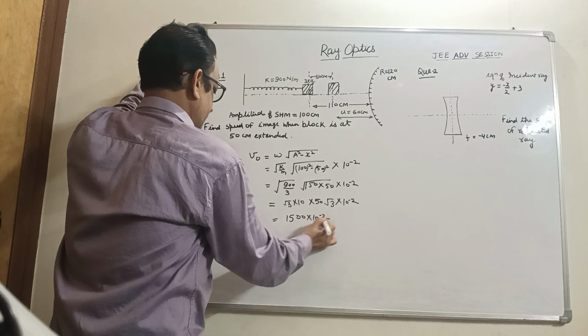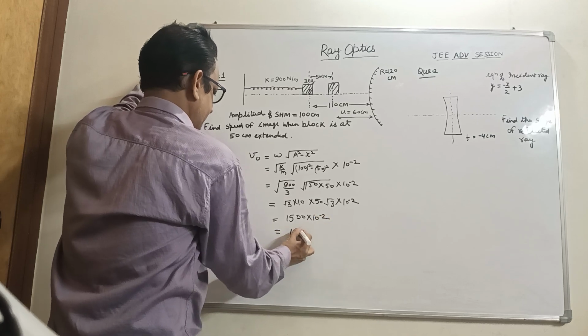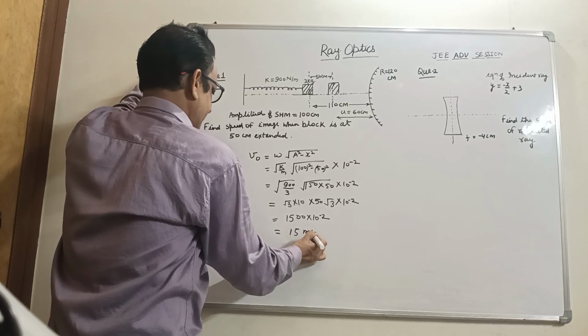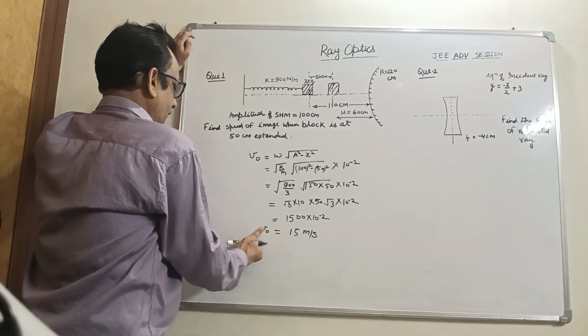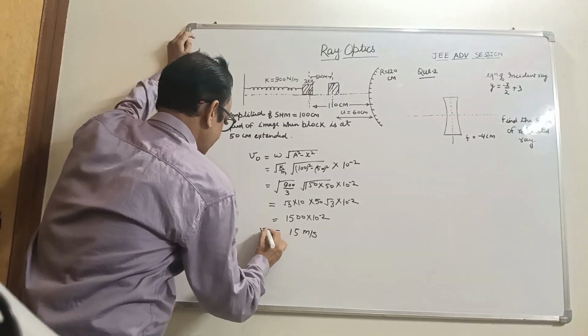This becomes 50 meter per second. So this is the velocity of the object.